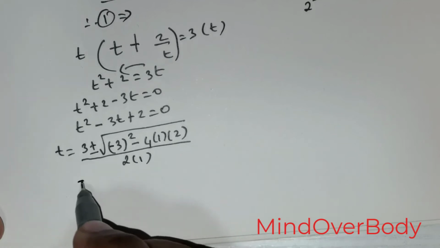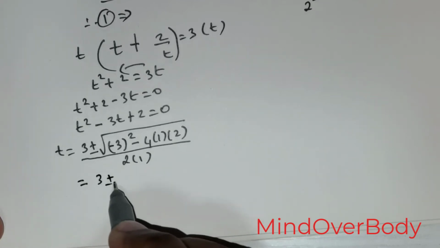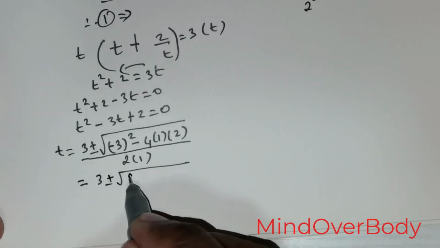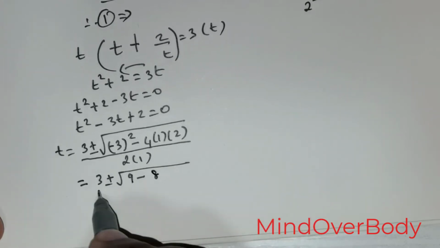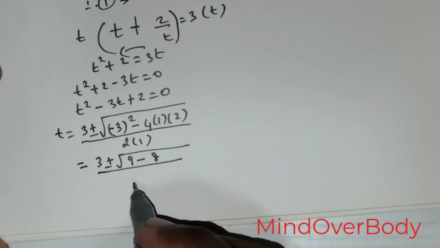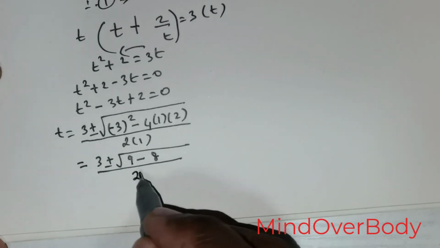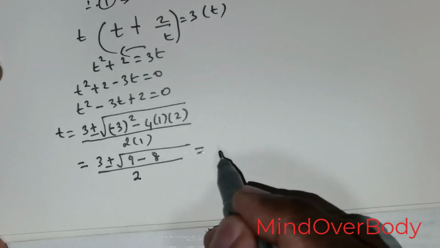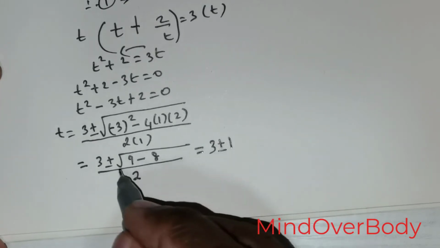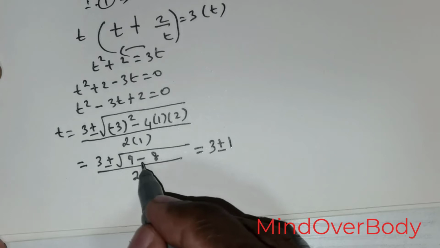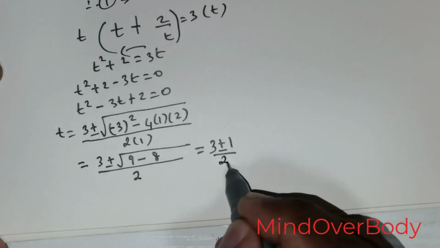Now this is equal to 3 plus or minus root of 3 squared is 9, 4 times 1 is 4 times 2 is 8, so you got 9 minus 8, and that is simple, so that's going to be 3 plus or minus root of 9 minus 8, that's going to give us 1, so root of 1 will be 1, divided by 2.